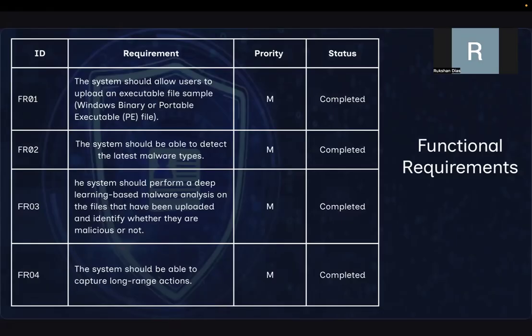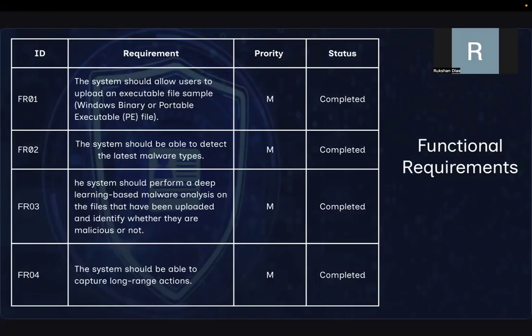So my main goal is to track whether this file is malicious or not. That task I also completed. The system should be able to capture long range actions. So this system can reach up to 512, a very long range sequence consisting of very lengthy logs.